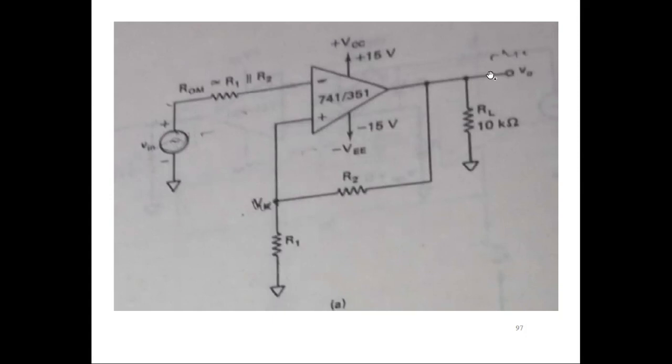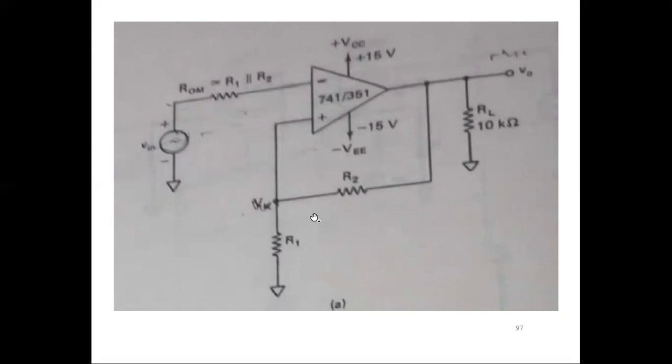So as soon as the output becomes minus VSAT, the voltage here also will become negative, that is minus VSAT into R1 divided by R1 plus R2. Now for the output to change to the positive value, this value should go down below minus VSAT divided by R1 plus R2 into R1.